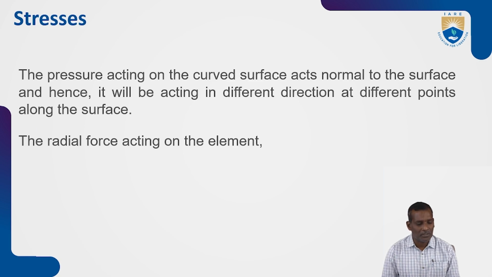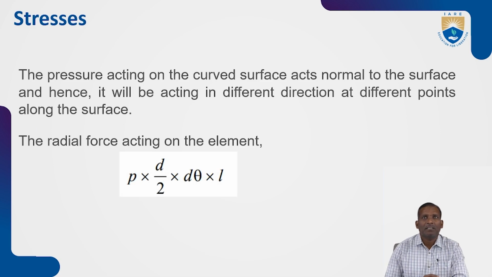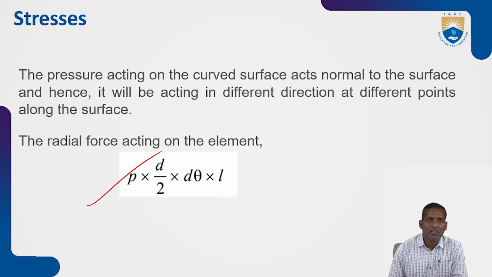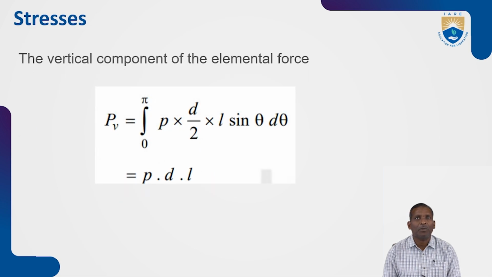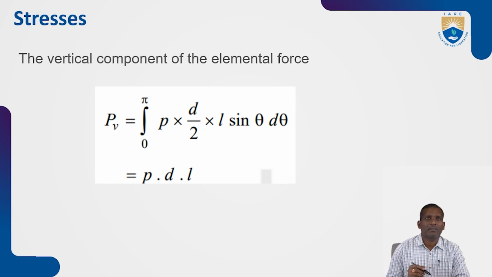So I will show you the equation for the radial force acting on the element. Take a small element on this surface. Now you can calculate the radial force: internal pressure into radius into the small angle of the strip, d theta, into L. So what is the vertical component of the elemental force throughout the entire cylinder?